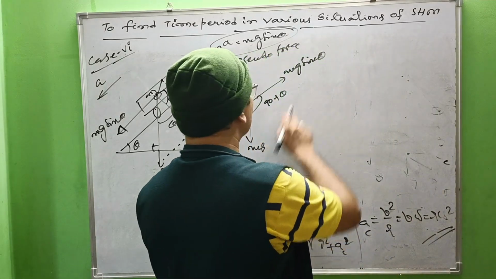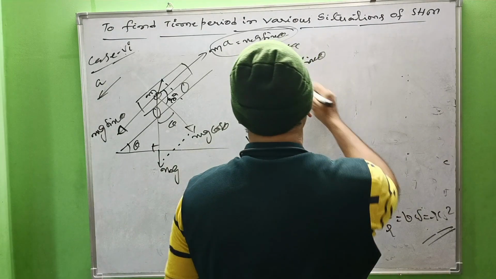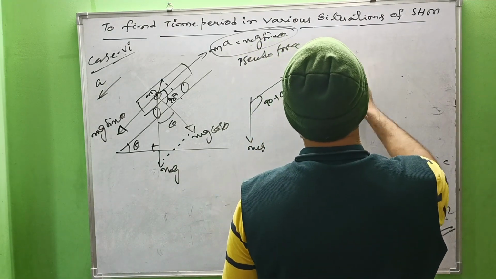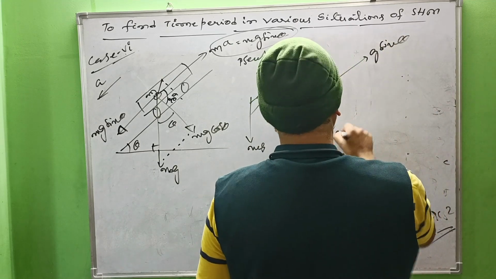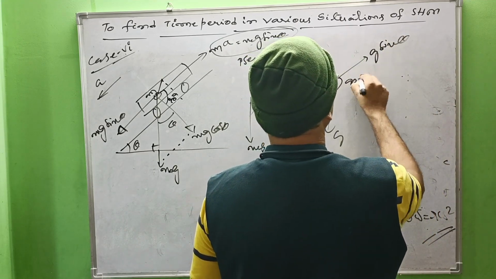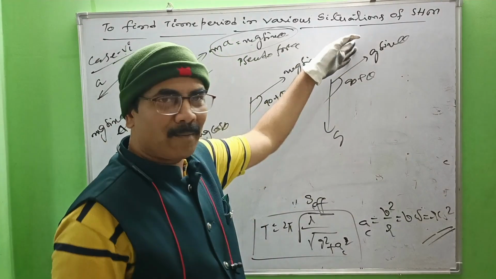If acceleration alone is written, exclude m, so it reduces to g and g sin theta. Now the angle is 90 plus theta. So these two are the parent vectors.